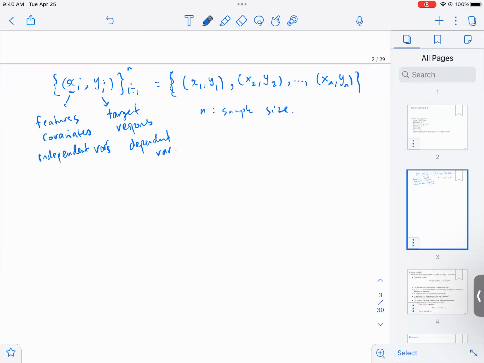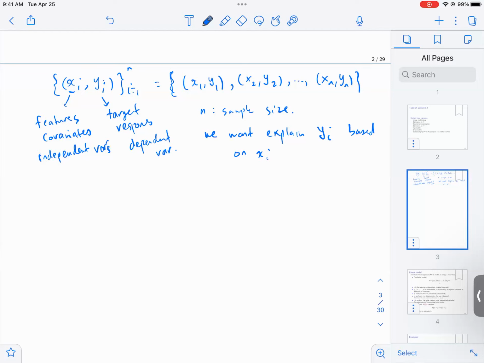So we want to explain yi based on xi, and you're going to assume that there is some constant relation. There's a relation that explains yi based on xi that is the same for all these people. So this relation doesn't change.